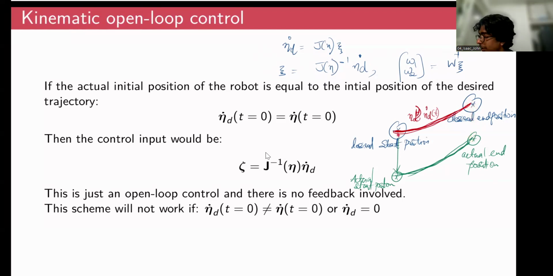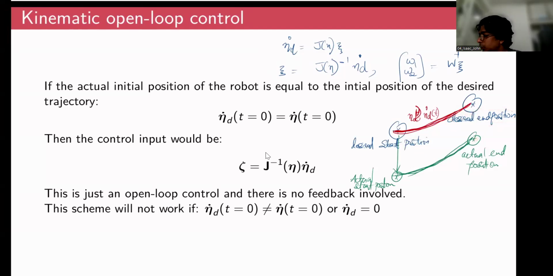Since there is no feedback term, this error cannot be corrected later, and there is always going to be some offset between the desired trajectory and the actual trajectory. So when the robot executes its trajectory, it always ends up somewhere away from the desired end position.